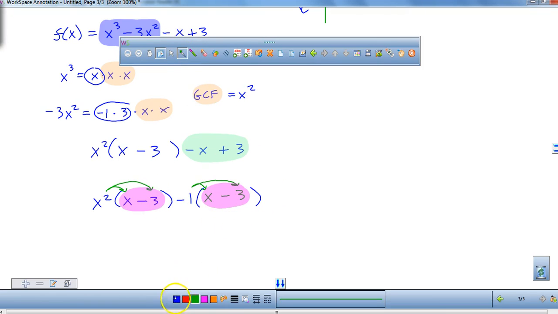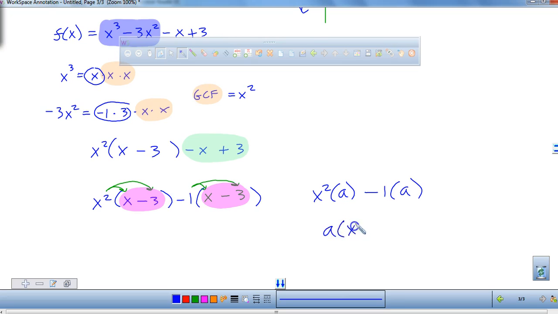So let's imagine real quick, let's not look at this x minus 3. What if we had an x squared times an a minus 1 times an a? Well, what's the common factor between this x squared and this -1? The common factor is a. So you would be allowed to factor the a out, and you're left with x squared minus 1.